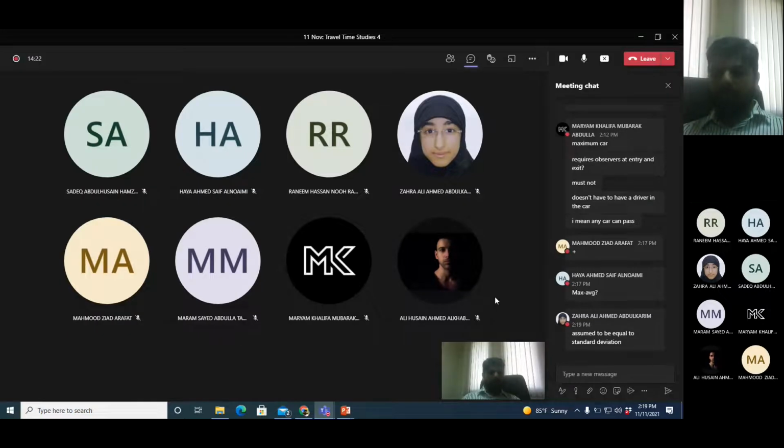Yes, assumed to be equal to standard deviation. Yes, Zara, very good, correct, well done. If true mean is given, then E is assumed to be equal to standard deviation.